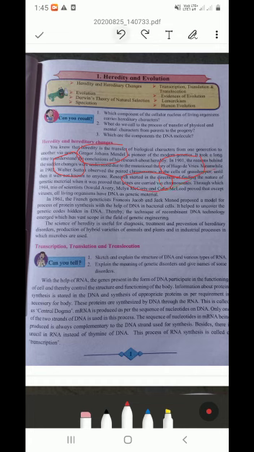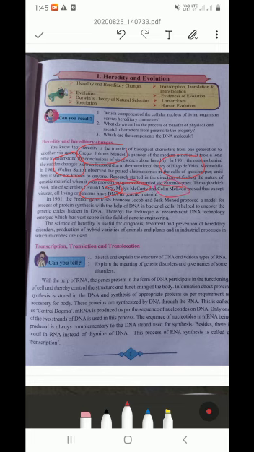Then a triad of scientists, Oswald Avery, Colin MacLeod and Maclyn McCarty, proved that except viruses, all living bodies have DNA as the genetic material.